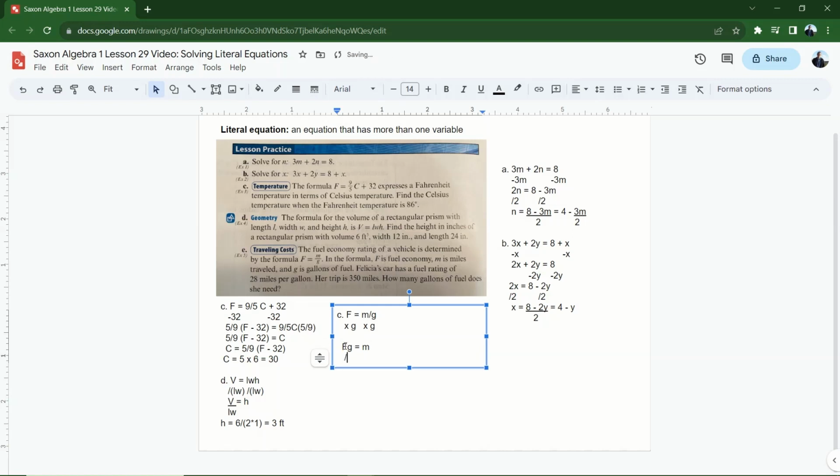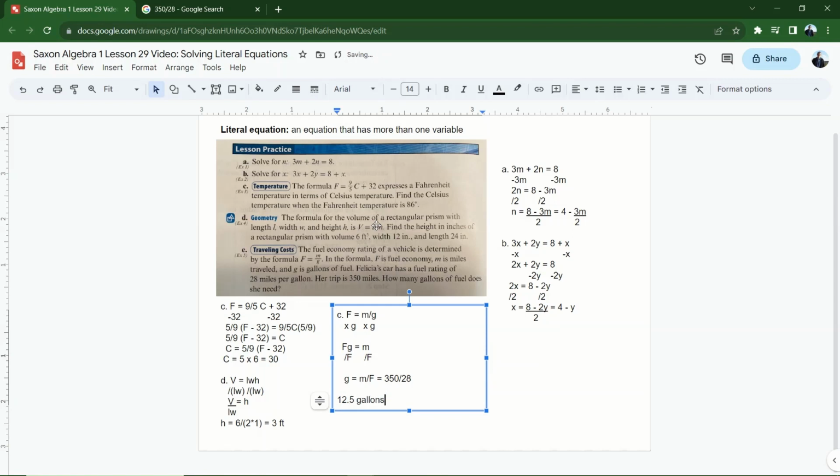I need to divide by capital F, the fuel economy. So I find that G equals M over F, which in this case is 350 miles over 28 miles per gallon. The gallons of fuel she needs are 12.5 gallons.